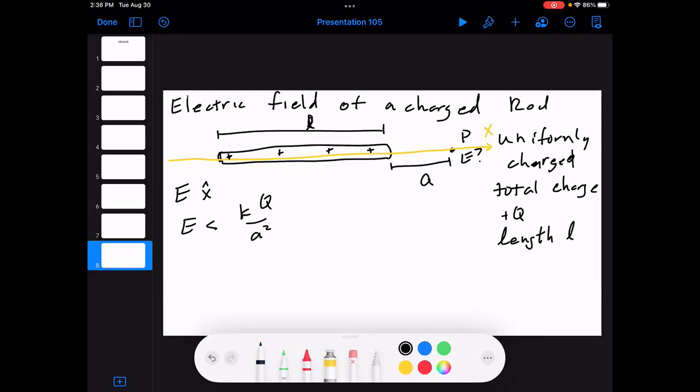Let me do the other side. The electric field should be more than something. What would the distance be? What should I put in instead of that A if all the charge was right there?